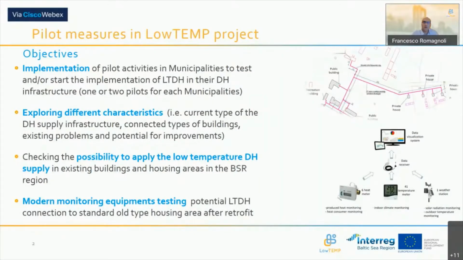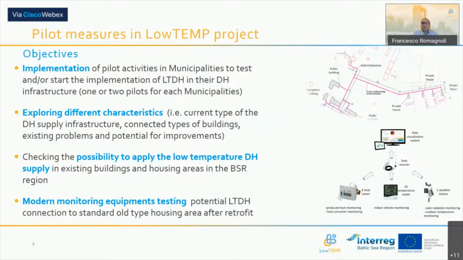As was mentioned this morning by the presentations of my colleagues Britta and Adam, the implementation of the selected pilot measures, in order to evaluate the potential technical and economic feasibility of the transition to low-temperature district heating, was an essential and important outcome of the LowTEMP project. Basically, this was essential towards identifying the barriers and bottlenecks that create obstacles to such a transition.